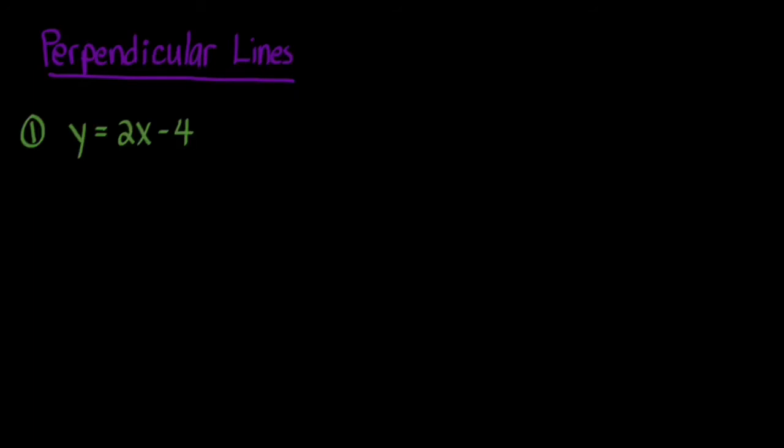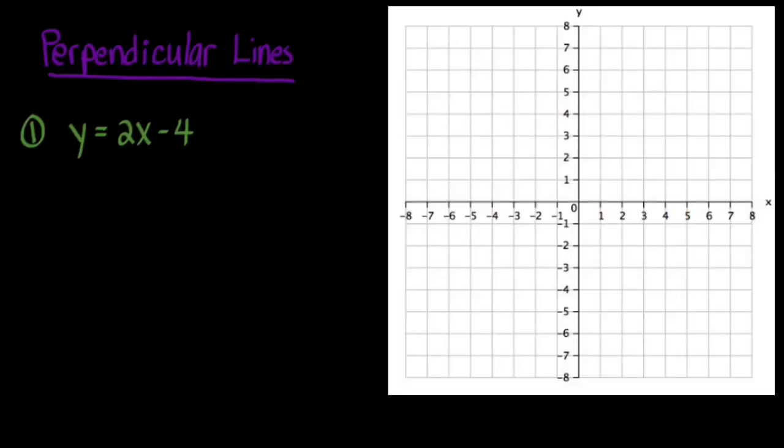So, of course, let's look at it on a graph. Let's prove it, right? I don't want you to ever just memorize something for memorization's sake. I want you to know it. Let's graph this line. -4 is my y-intercept. 2 is my slope. Now, if I change this to be opposite reciprocal slope, that means I'm going to have a -1/2, because 2 goes to -2, and then flip it over, right?